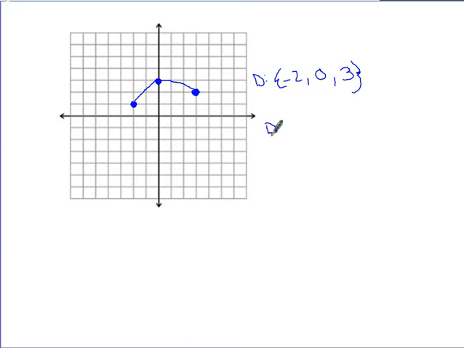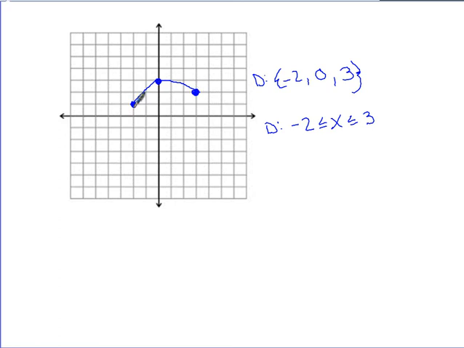So now I would say that in my domain, x has to be between -2 and +3. So the way that we would write that is to say that -2 has to be less than or equal to x, which has to be less than or equal to 3. Alright, so it's a compound inequality. x has to be between -2 and 3, and it's "or equal to" because those points are included.